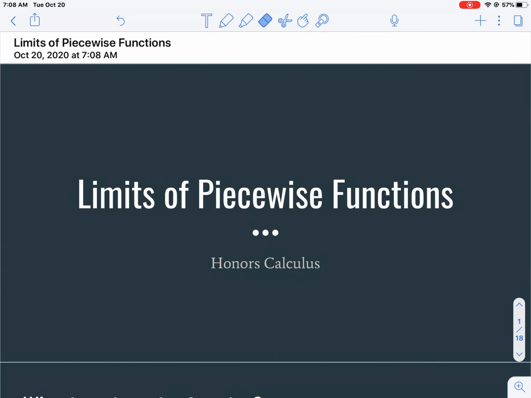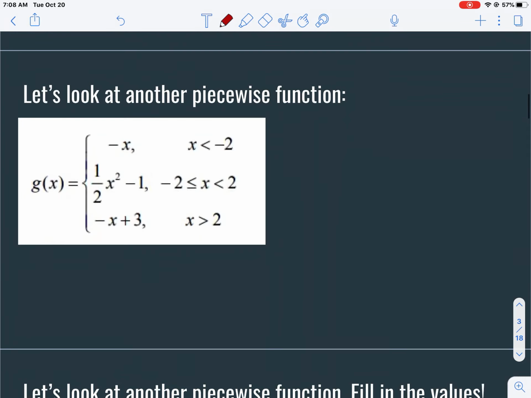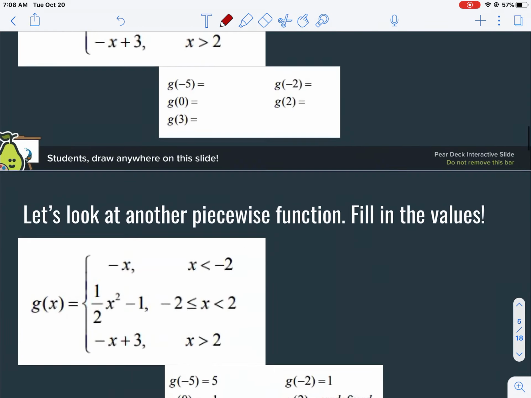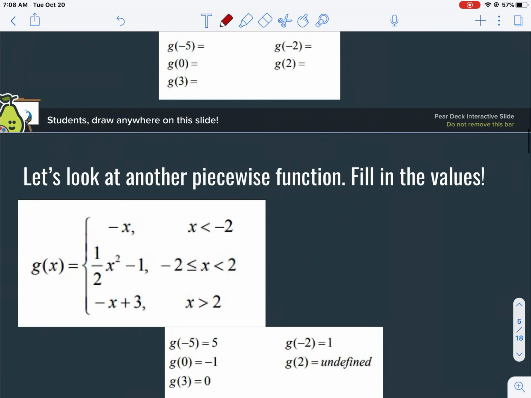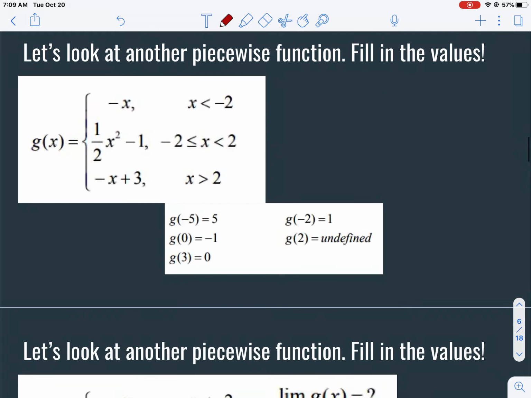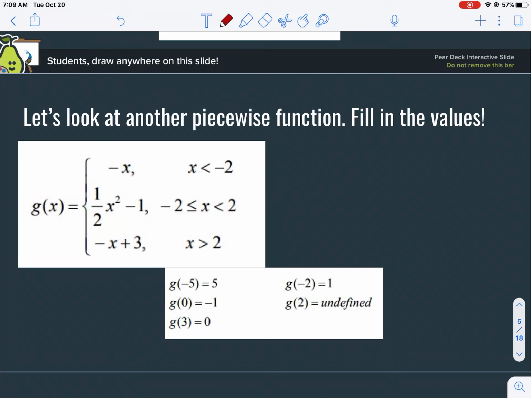All right, guys, so we're going to finish up the piecewise limits here, okay? And yesterday we talked about the piecewise, just plugging in values, and we stopped with g of 2, right? And the problem is that we can't plug into this first function because x has to be less than negative 2.